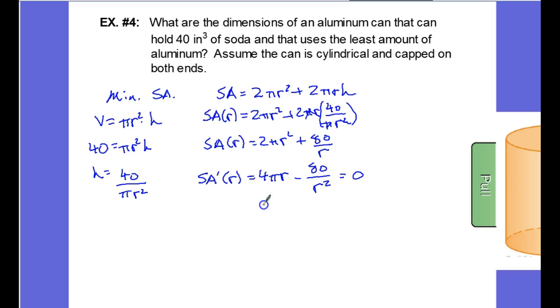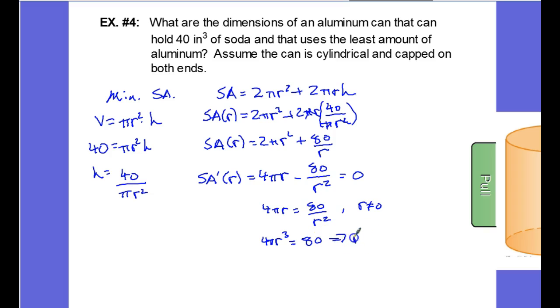So this gives us 4 pi r equals 80 over r squared, and since r is not equal to 0, it's legal for me to multiply through the equation by r squared, and that's going to give us 4 pi r cubed equals 80.